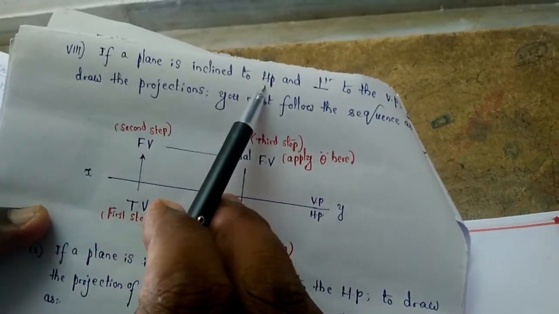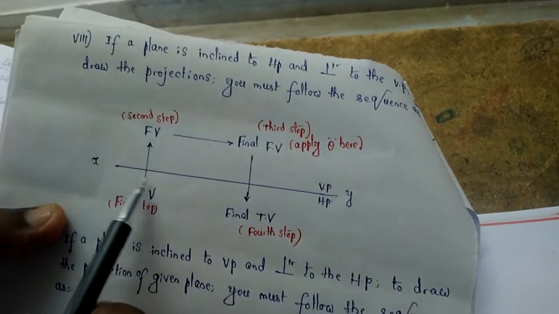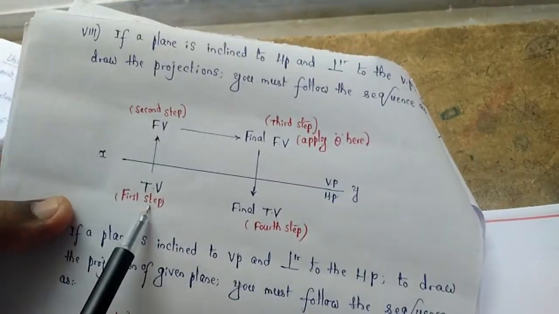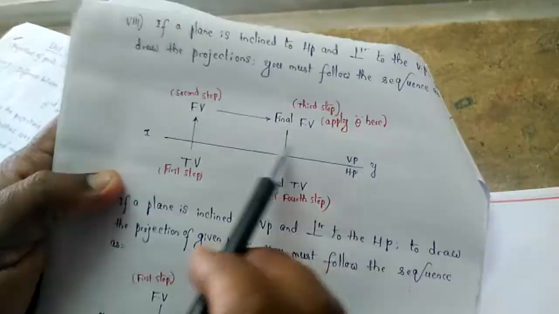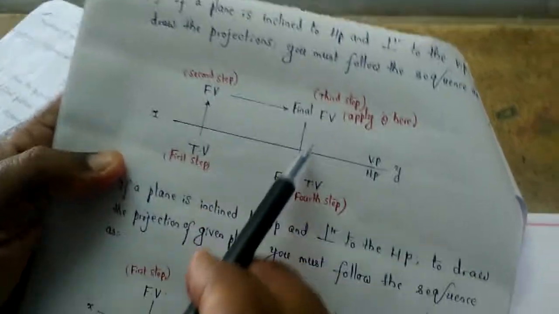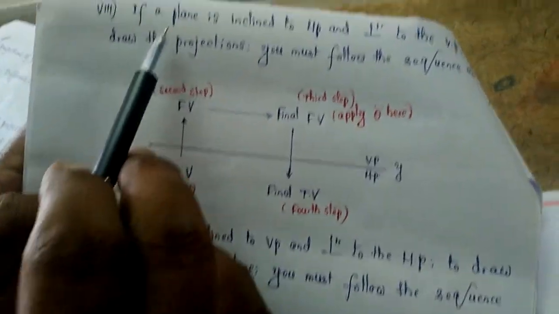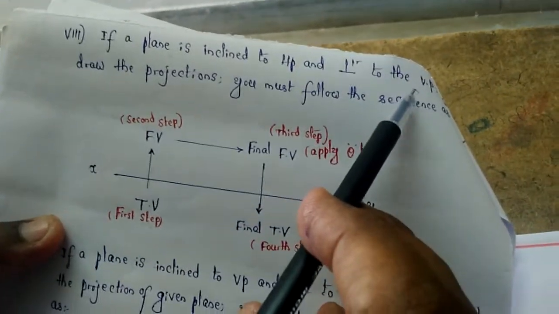When the plane is parallel to HP, the top view gives the true shape. That's why first draw the top view. Based upon the top view, project the front view. Afterwards, implement the angle theta here. This is the final front view. Then draw the final top view. This is the sequence to follow when the plane is inclined to HP and perpendicular to VP.